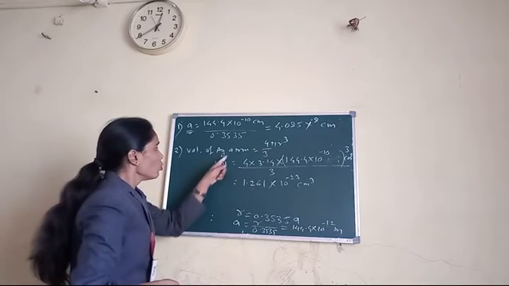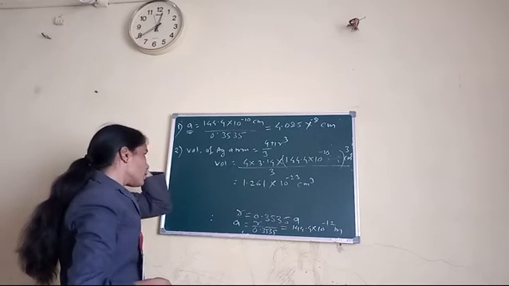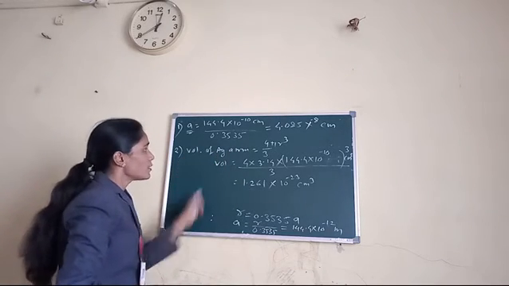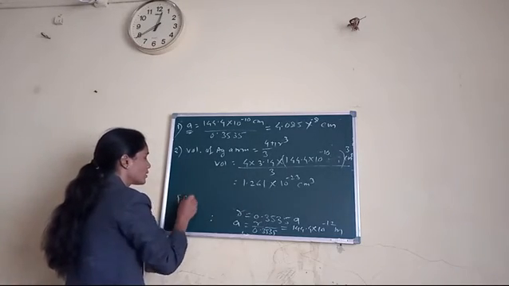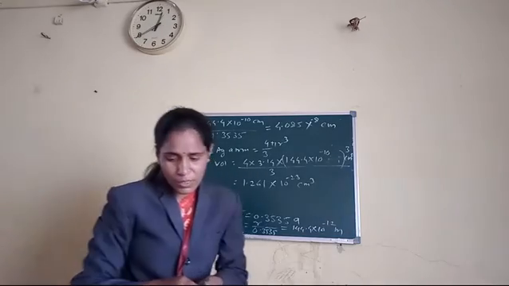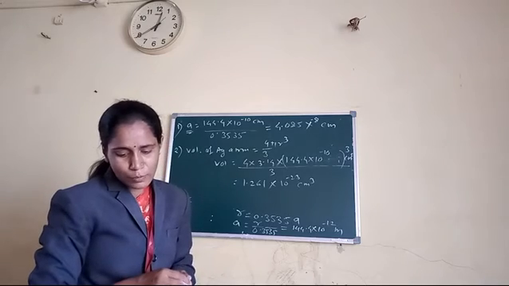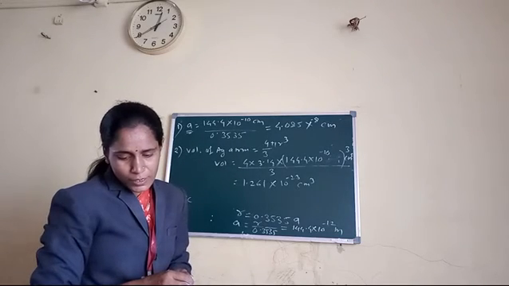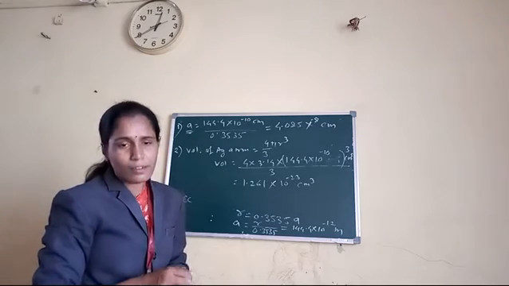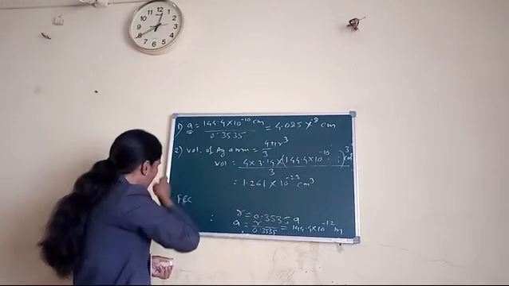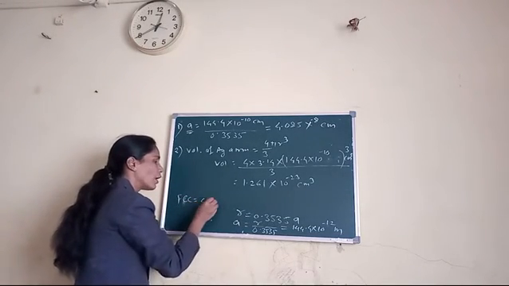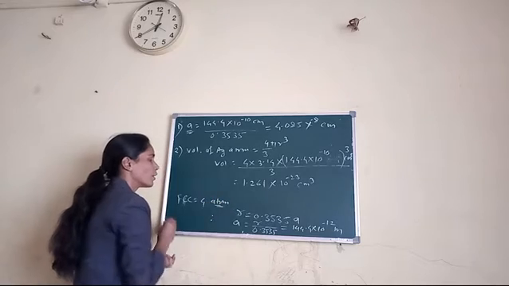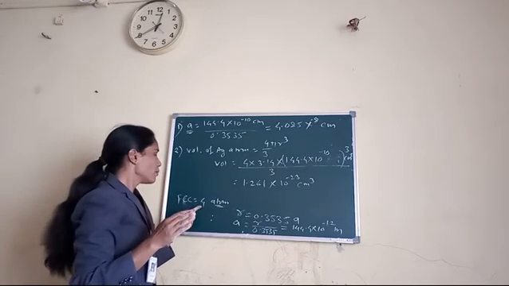This is the volume of one atom, but here the silver crystallizes in FCC. FCC means face-centered cubic unit cell. Face-centered cubic unit cell contains 4 atoms. Already we know that FCC consists of 4 atoms. 8 corner particles, 8 times 1/8 means 1.